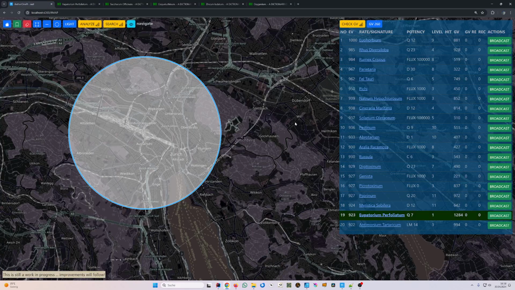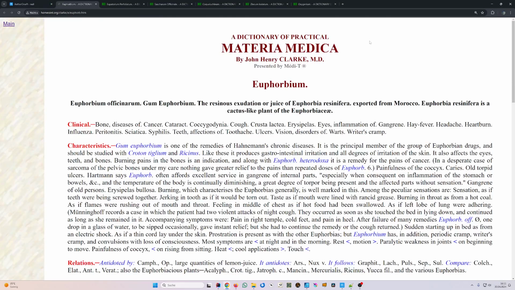Now let's take a look. This is an indication that when you see here general vitality of 260, it could mean that this area here is full of people with influenza right now. I don't know. Let's take a look at euphorbium. Does this have influenza too? Yes.